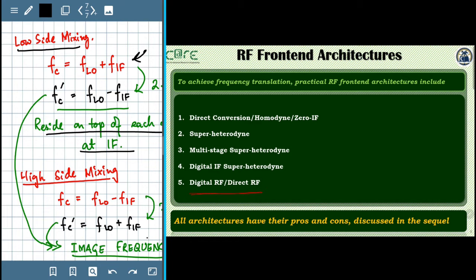All the architectures, I would say here, basically achieve this same task of frequency translation together with necessary amplification, filtering and other measures as we discussed earlier, but they all have their pros and cons as we are going to discuss now.